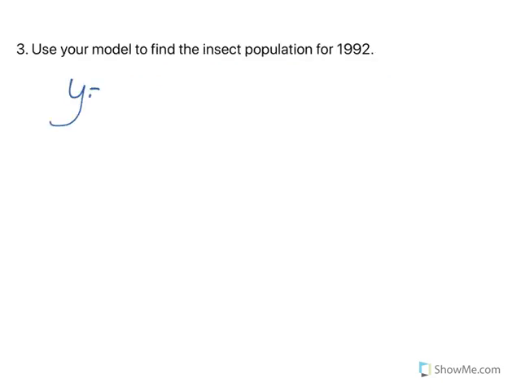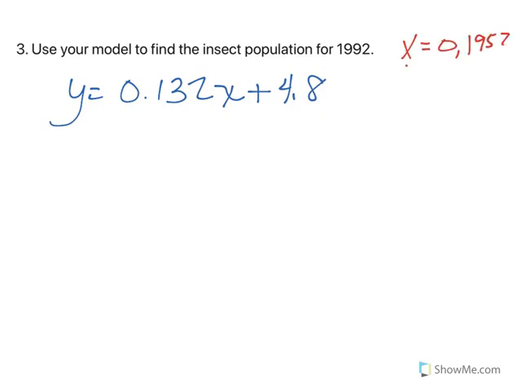Use your model, and our model again is 0.132x plus 4.8, to calculate the insect population for 1992. Well, remember, x equals 0 was for 1952. So 1992 is 40 years later, so x is 40.